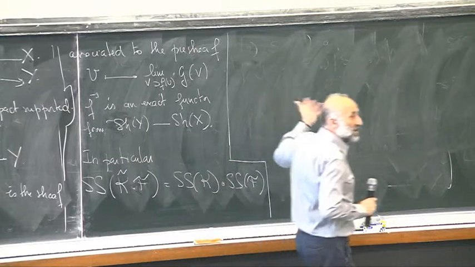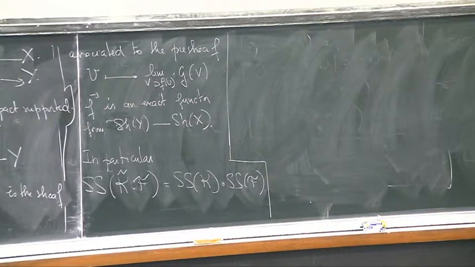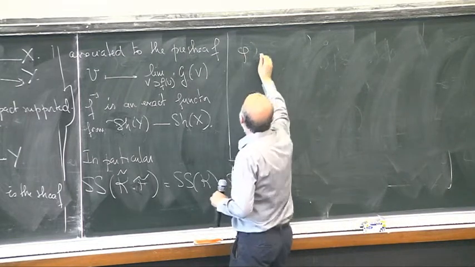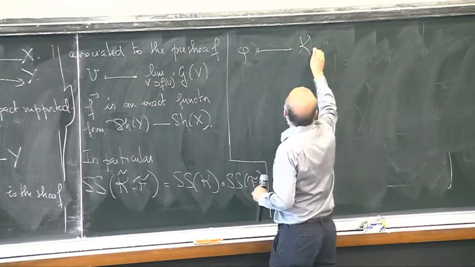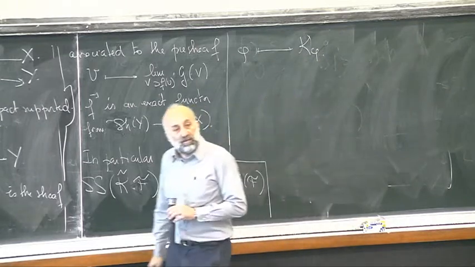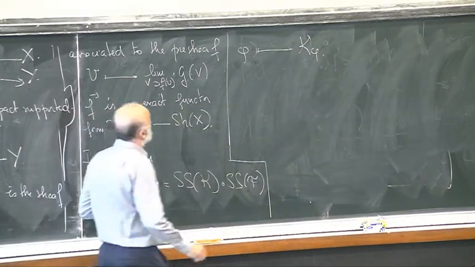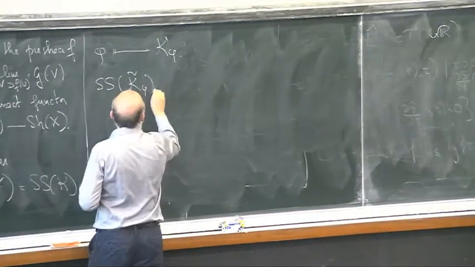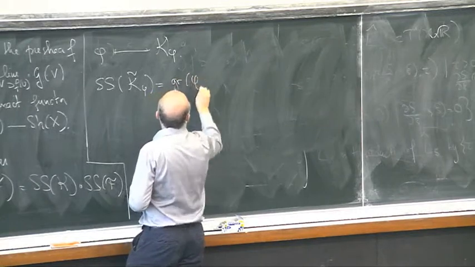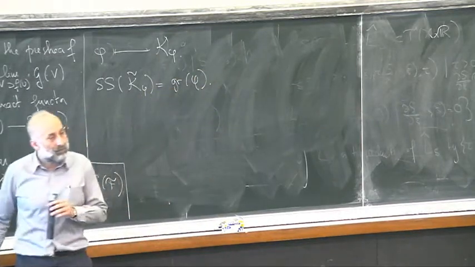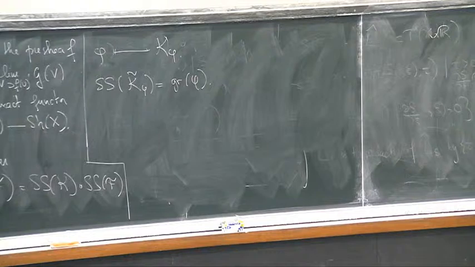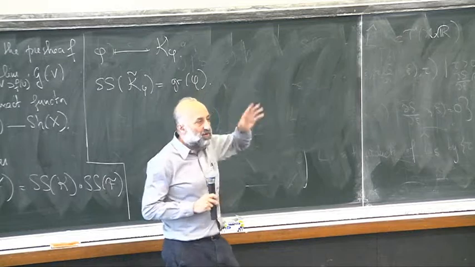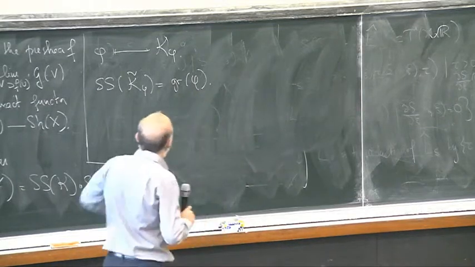So what's the idea now? You have this calculus of kernels. And so what you would like to do is, if you have a map phi, construct some kernel K of phi, such that the singular support of K tilde of phi is just the graph of the map phi. Well, there's a first step where you have to make everything homogeneous. Okay, I will sort of skip that.